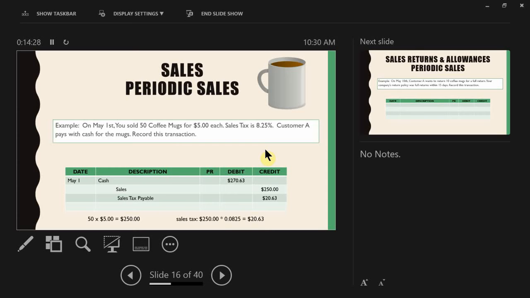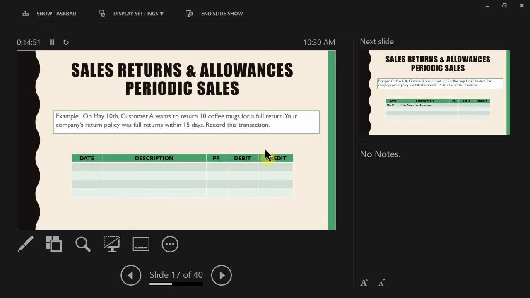So then at the end of the day, you should be receiving a total of $270.63. Okay? That's the amount of cash you should have received for selling the inventory. Okay? So then let's go ahead and see what happens.